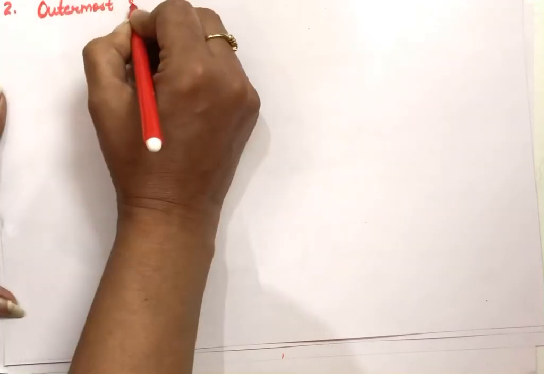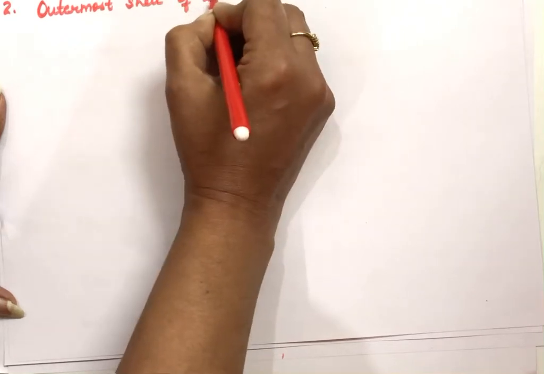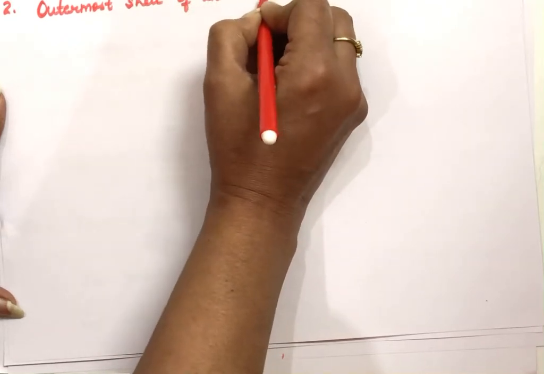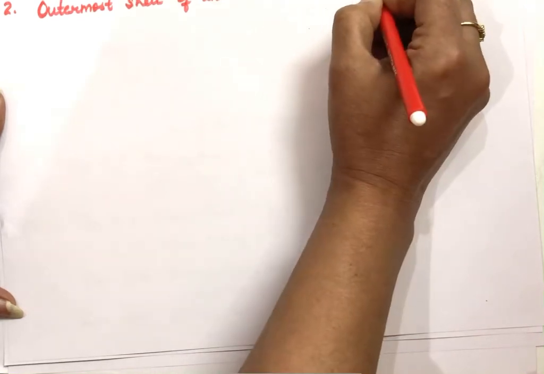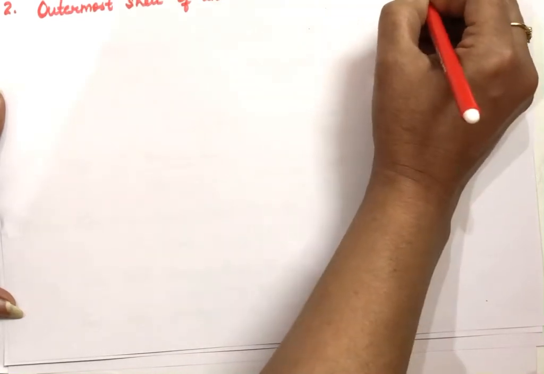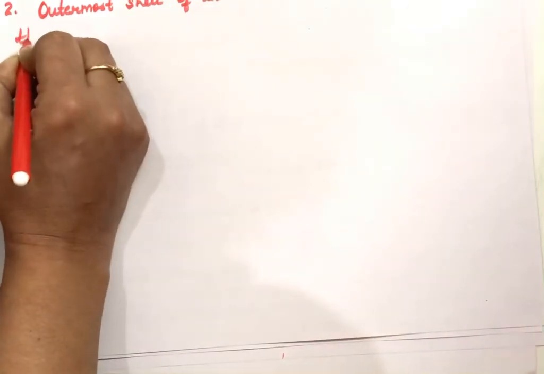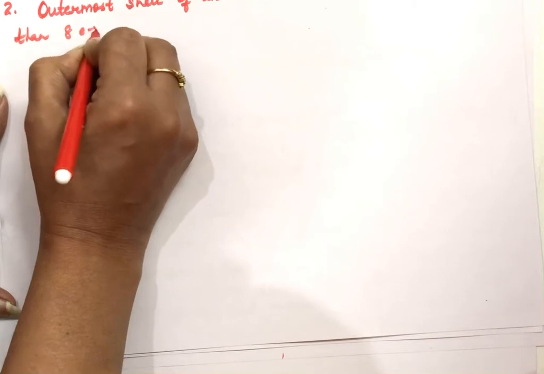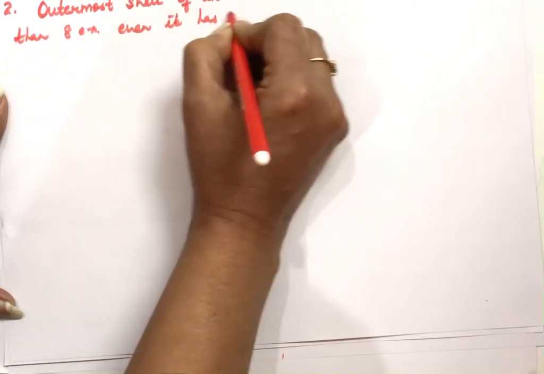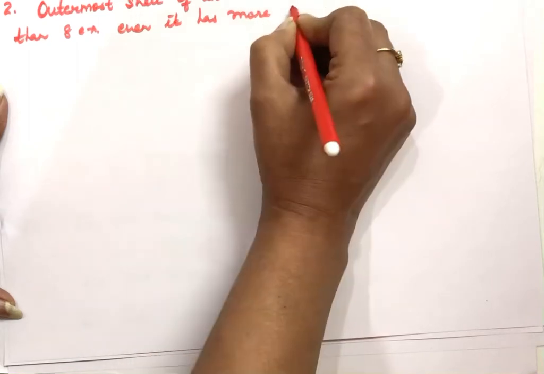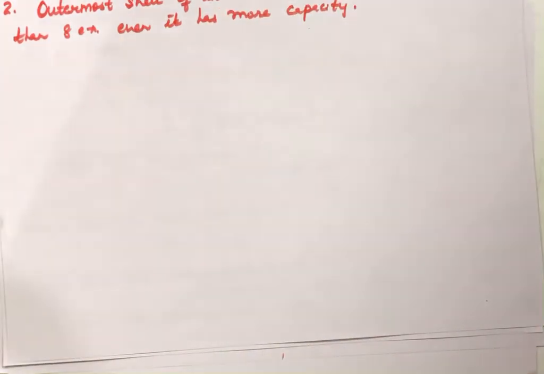Maybe the capacity of that shell is more than 8 electrons, but if that is the last shell of an atom, it cannot accommodate more than 8 electrons, even if it has more capacity. So this point is very important.